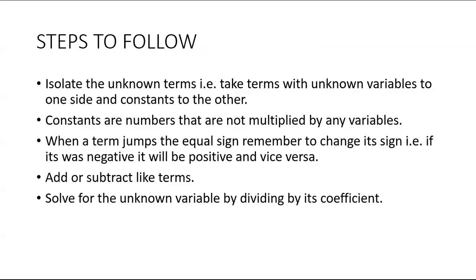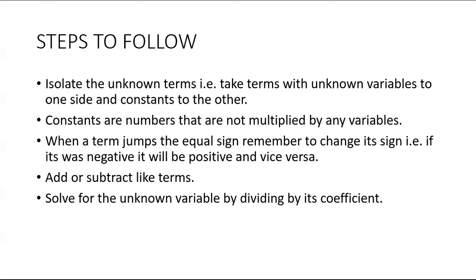As we have learned when we did expressions, constants are numbers that are not multiplied by any variable. When a term is taken to the other side, we say in math we are transposing. When an expression is transposed from the left-hand side to the right-hand side or from the right-hand side to the left-hand side of the equal sign, it will change signs.